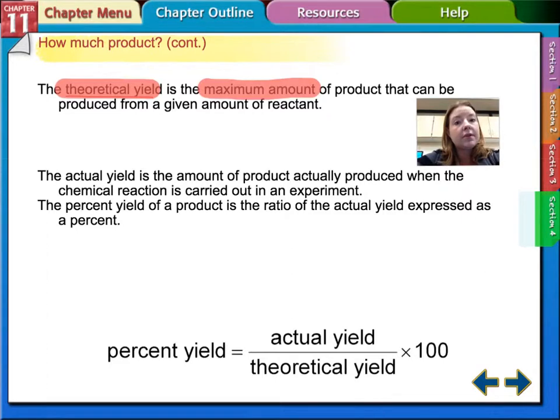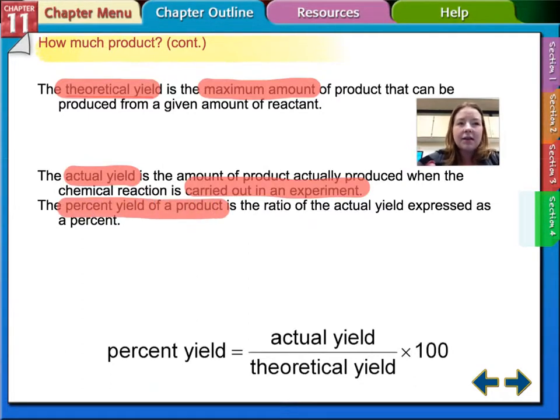The actual yield is how much you get when you actually carry out the experiment. From those two numbers, the number you calculate, which is what we've been doing all along, and the number you actually get in the experiment, we can calculate what is called the percent yield.